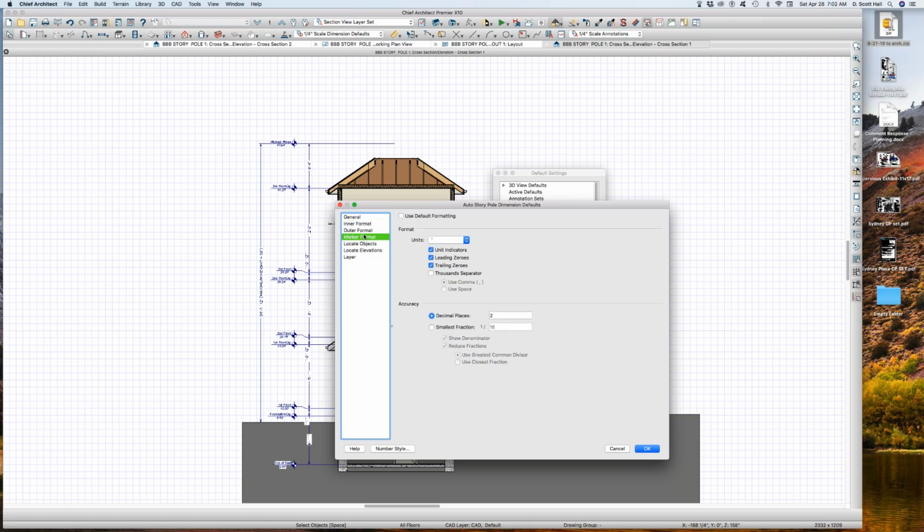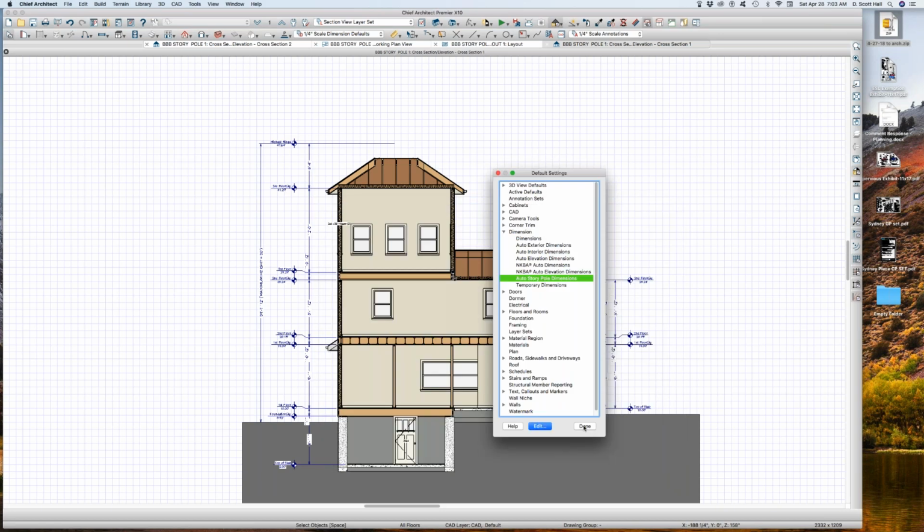I think, right? Marker format. See, the marker format comes with the outer format. It doesn't come with the inner format, and I don't like the inner format.